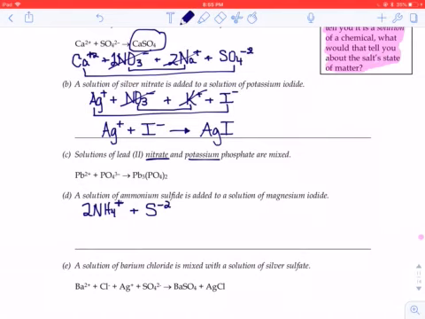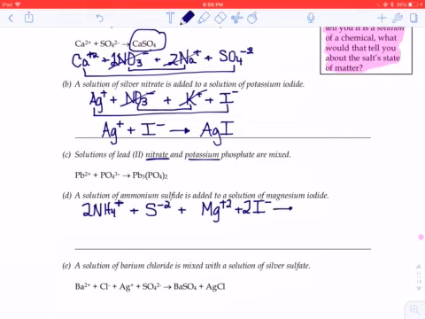We're going to add to that a solution of magnesium iodide. So if it's a solution, it dissolves. We're going to break it up into ions. Magnesium ions, iodide ions. Plus 2 minus 1, you would need 2 iodide ions to balance out that magnesium ion, right? 2 iodide ions.